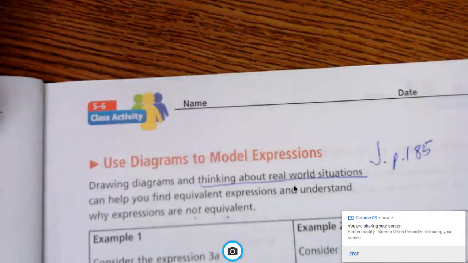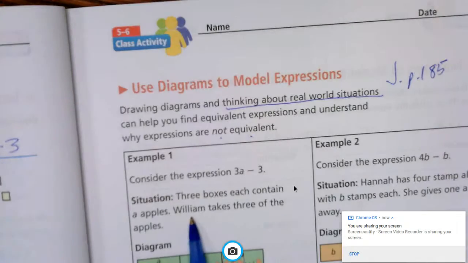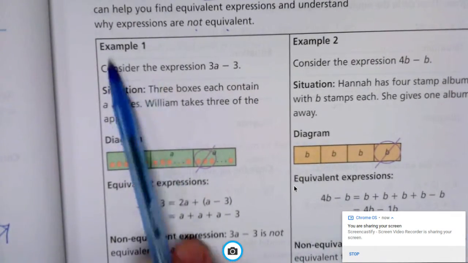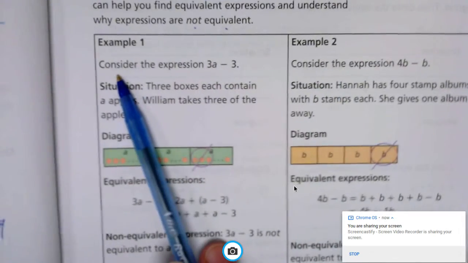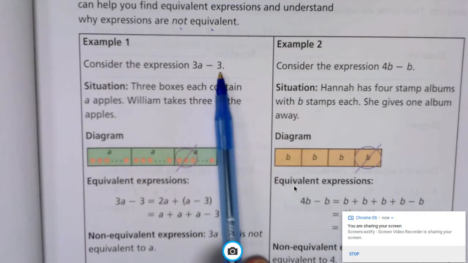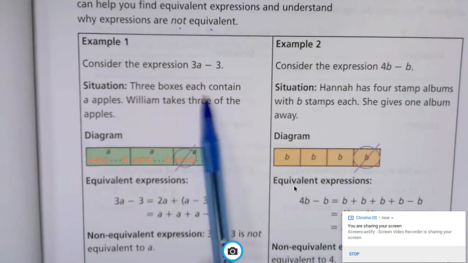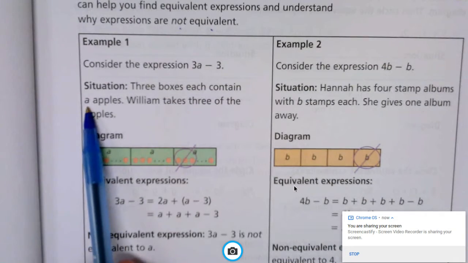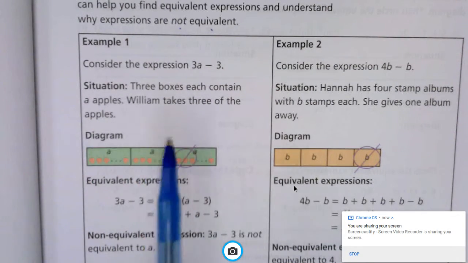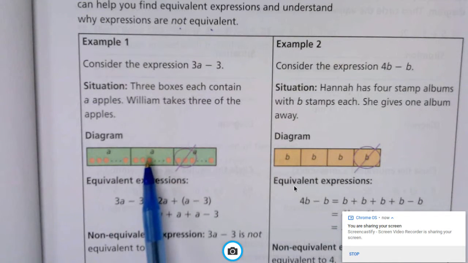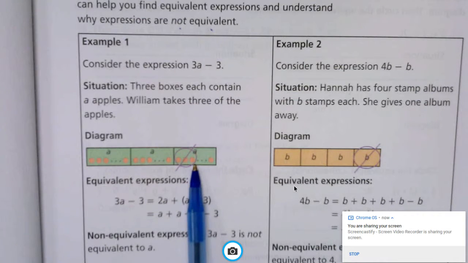Number 1. There's an example for this side, and an example over here. Example 1 says, consider the expression 3a minus 3. If you have 3 boxes, each containing an unknown value of apples, or a, and William takes 3 of the apples, you'd draw 3 repeated boxes of apples.